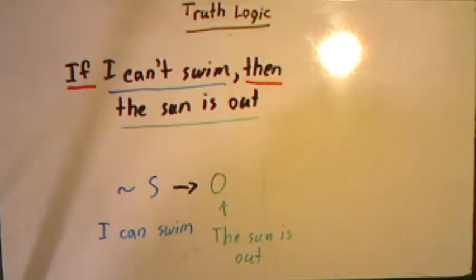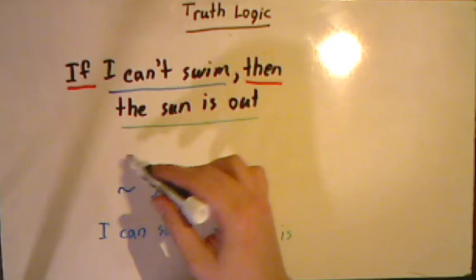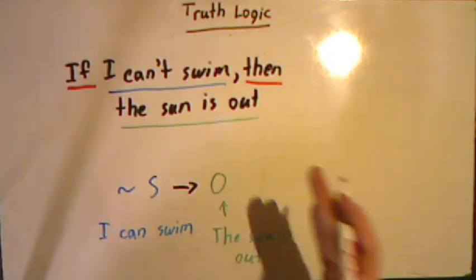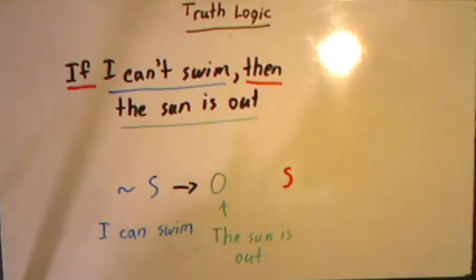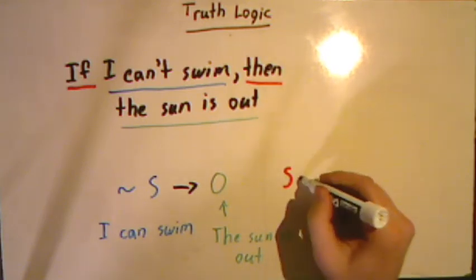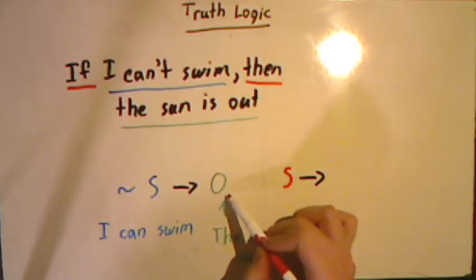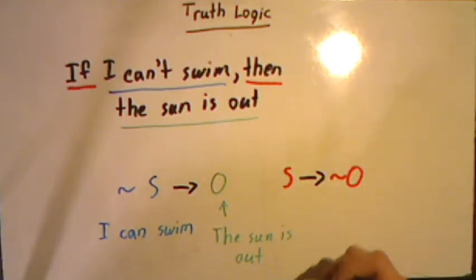So now we're being asked for the inverse, and in this case, all we do with the inverse is take the variables themselves and negate them. So if we take a not S, two negations, two negatives make a positive, so we end up with a positive S. Our conditional, the arrow, stays as is, but then we take a look at this O, and the O is positive, so when we negate it, it becomes negative.